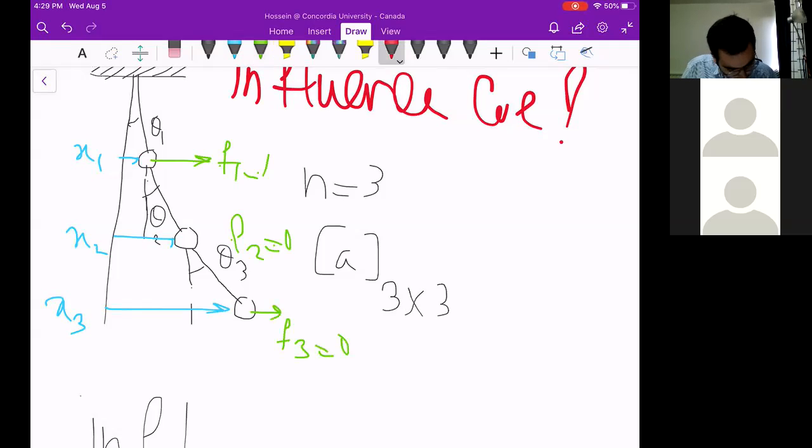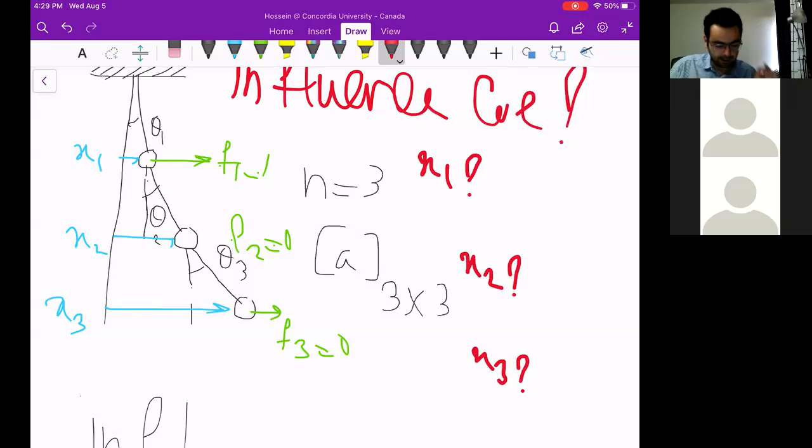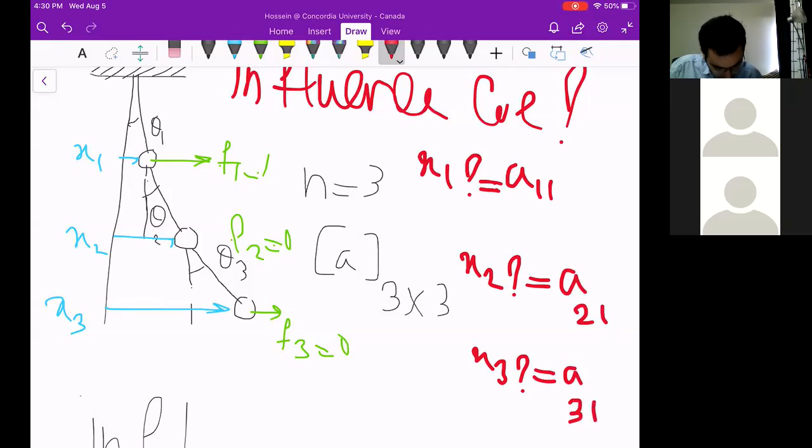So what is x1, x2? In this case, x1 will be translated as A11. x2 will be translated as displacement at 2 when a unit force is at 1. And x3 is the displacement at mass 3 when there is a unit force at 1.